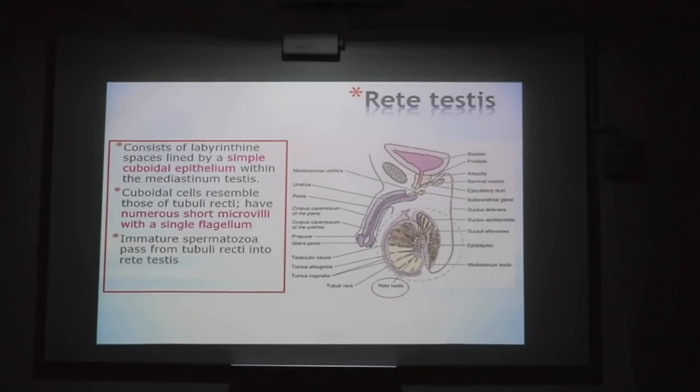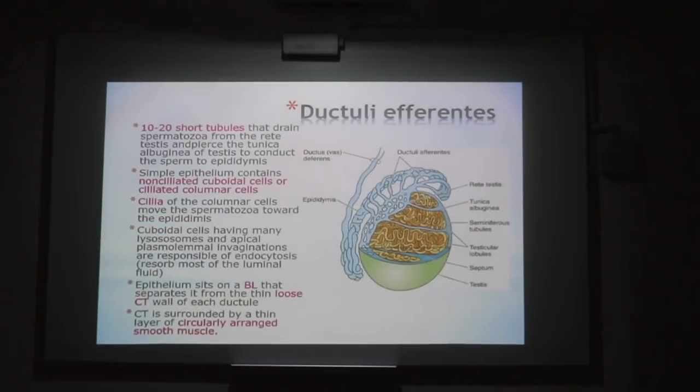Immature spermatozoa pass from the straight tubules into the rete testis, and from the rete testis they go into the efferent duct tubes. There are about 10 to 20 of these short efferent duct tubes that drain the rete testis into the head of the epididymis.